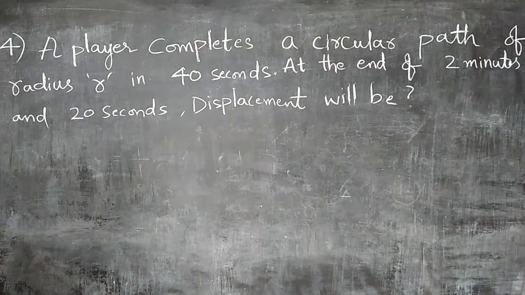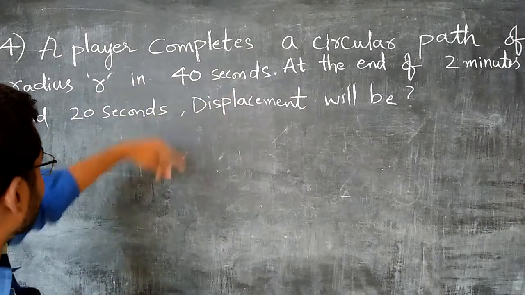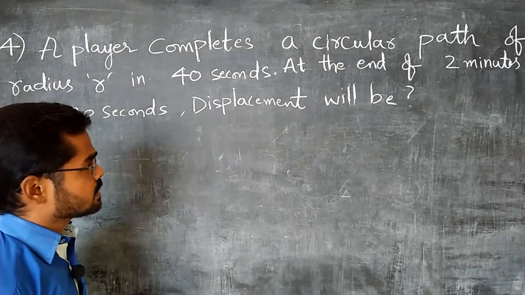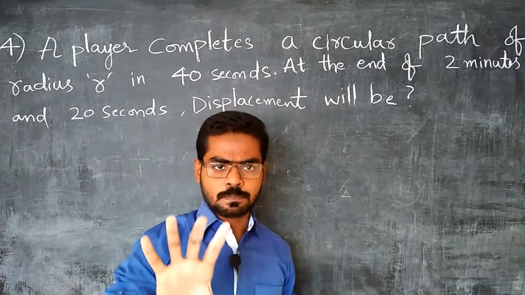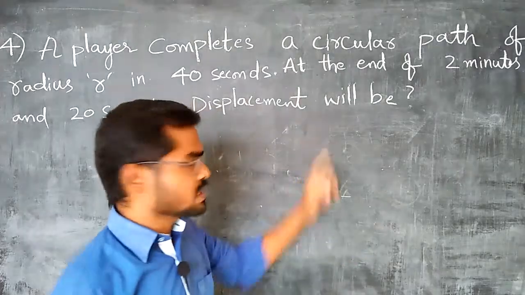So next question. A player completes a circular path of radius r in 40 seconds. That means to complete a full round of a circle, that player will take a time of 40 seconds.